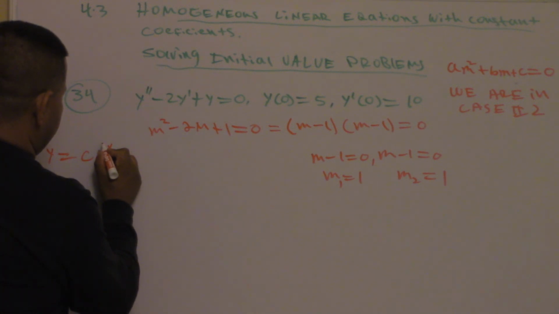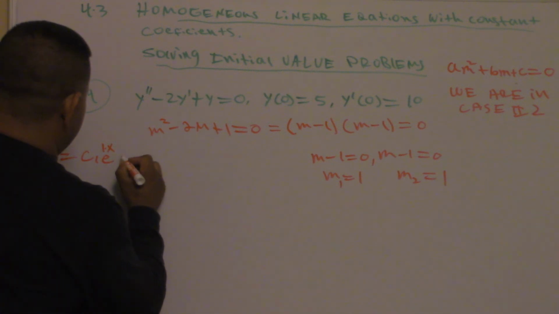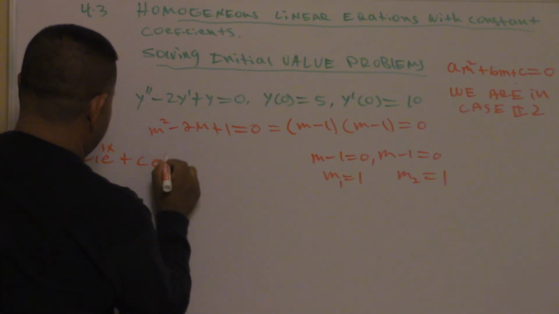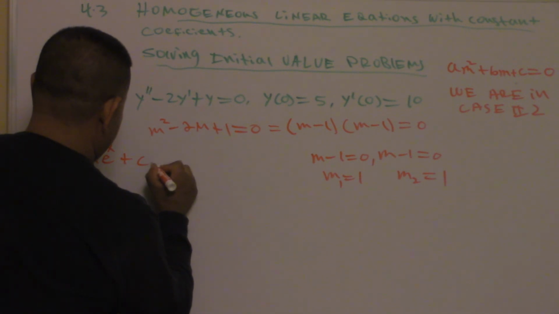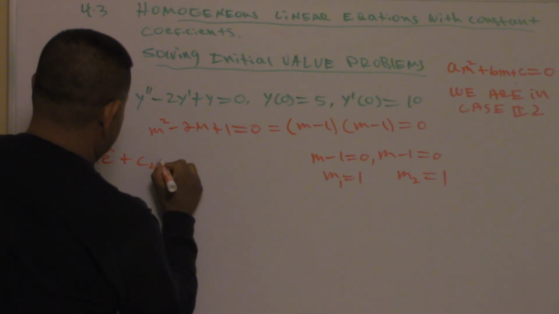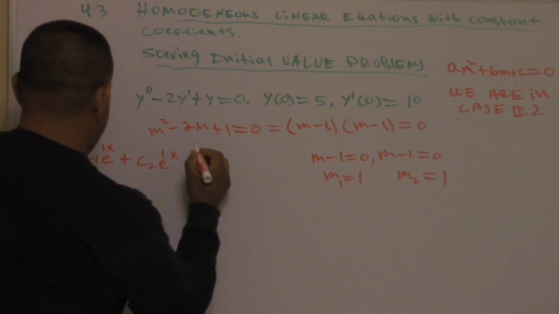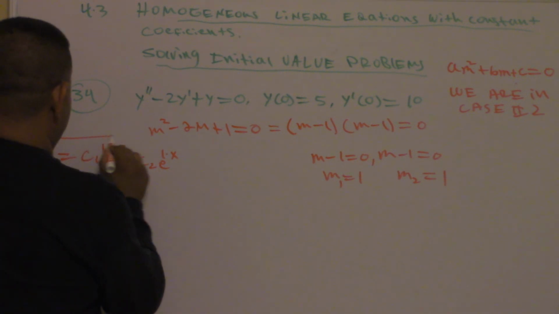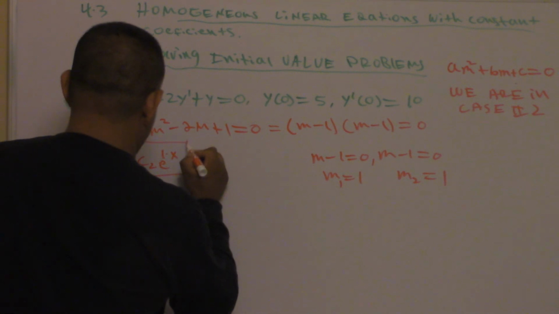Technically, it is 1 in front of the x there. So plus C2 e to the 1 times x. So this is the complementary solution.